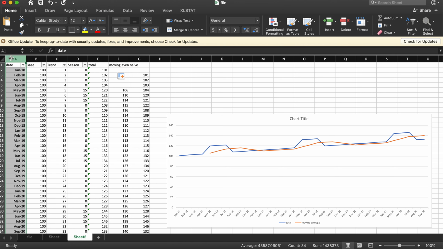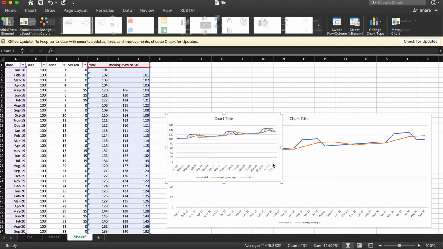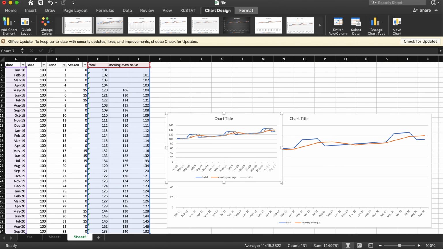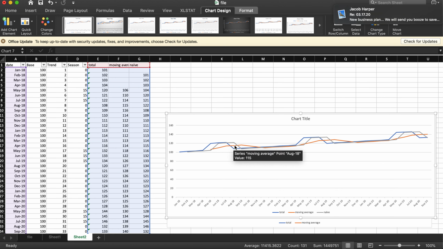Let's go ahead and plot that too. Now we've got this gray. And you'll see the naive case has the same problem, that it lags behind. It's a tighter fit because it's taking the prior values, but it is still leading to these situations right here where we don't have enough, and here where we have too much.